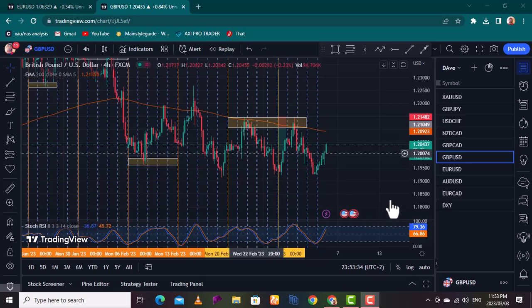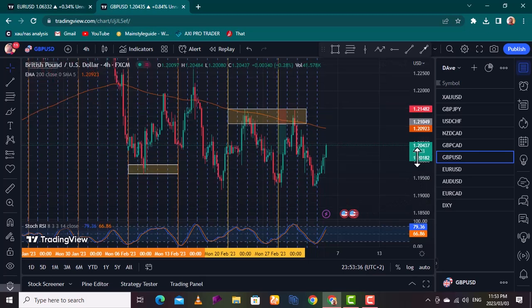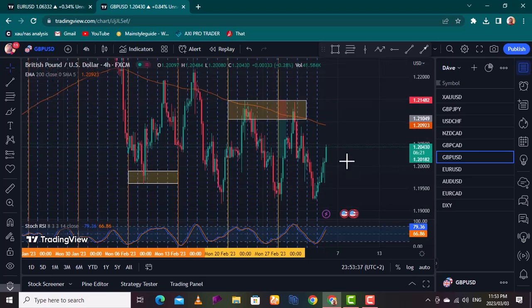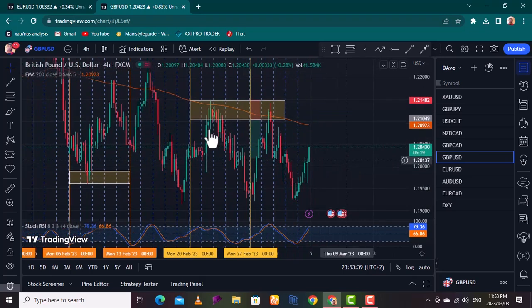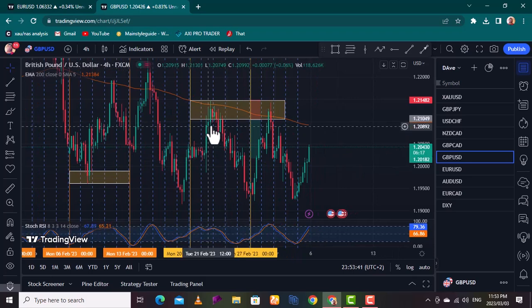Now if you can see my point of interest, here's another 4-hour order block over here. It's the high of the week. The high of the week comes on Tuesday, the 21st. It's important to know the highs of the weeks and the highs of the days, the lows of the days as well.